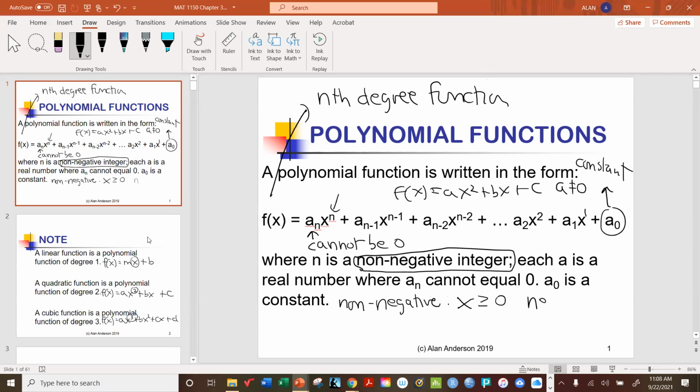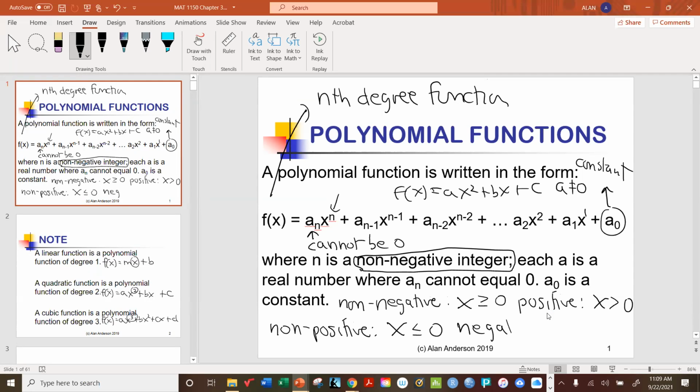Strictly positive means that it does not allow for 0. And then we have the same idea down here, non-positive. It can be 0 or negative, and then x is negative, strictly negative.